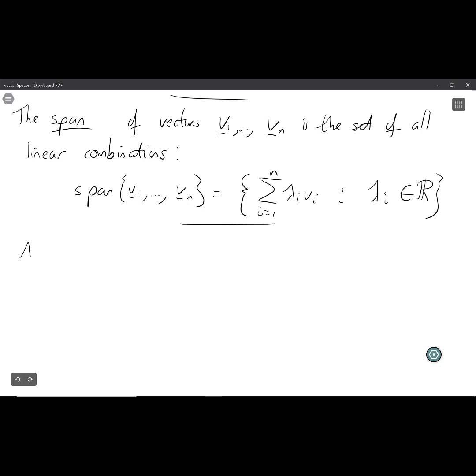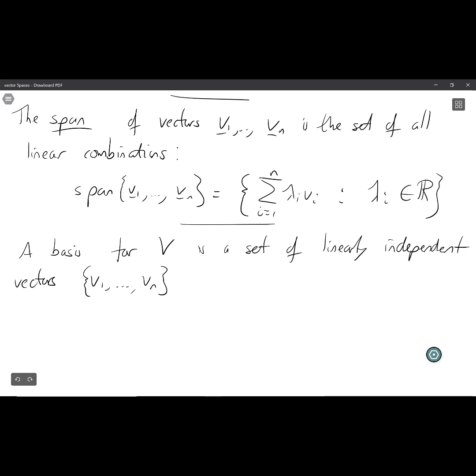So let's say a basis for vector space V is a set of linearly independent vectors, let's say v1 up to vn, that span V. So in other words, the span of v1 up to vn is V.